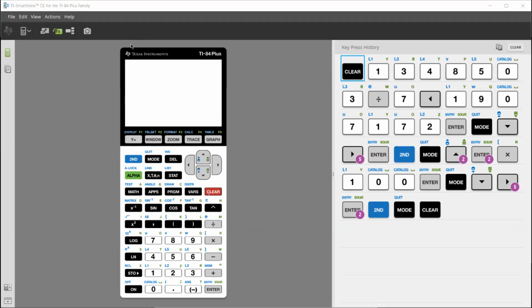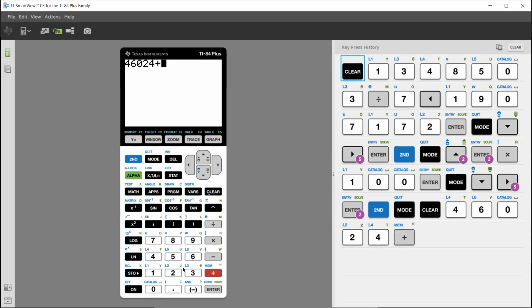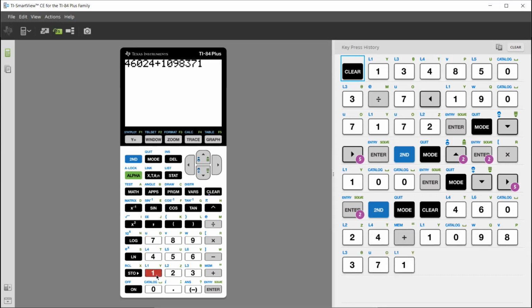Okay. Now I can turn that down and press key. All right, so we have 46,024 plus 1,098,371 plus or minus.